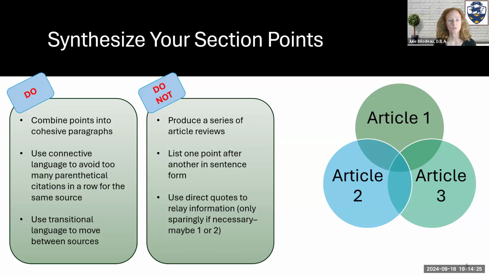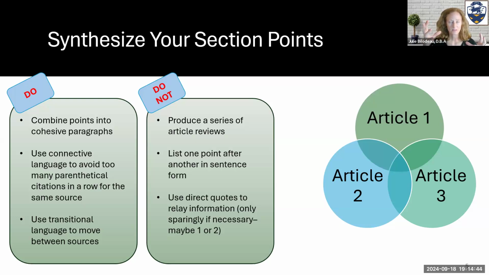It is meant to be about maple trees, all the information that we want to relay to the reader, and we're using points from all our sources intertwined and infused together so that it creates cohesion, as opposed to Smith said, Johnson said, Jones said.